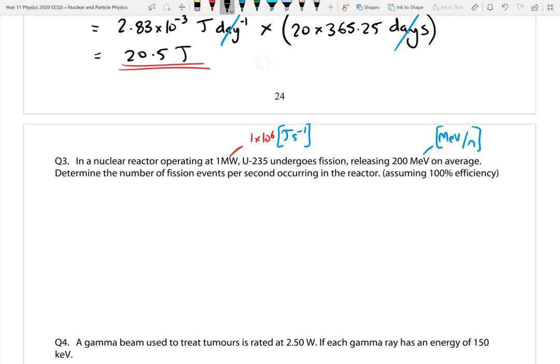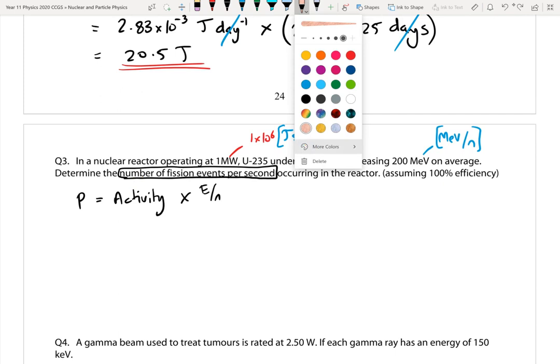So what have we got? We had power equals activity multiplied by our energy per event, and we're being asked for the activity. What is the number of events per second? So this value, oh geez, that's not a highlighter. Let me change this to a highlight.